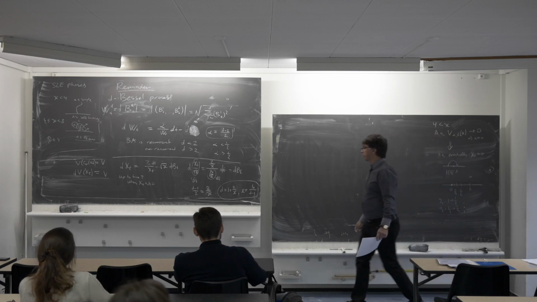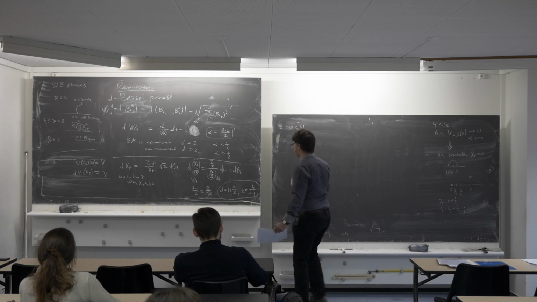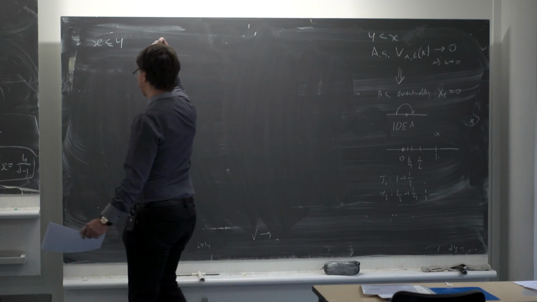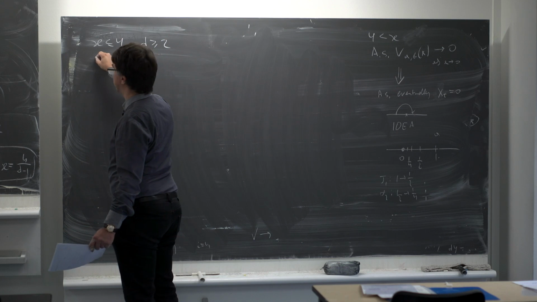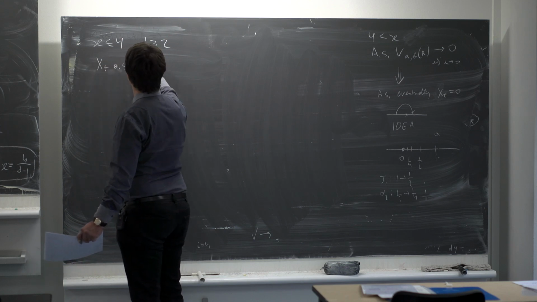Now, what happens is that when kappa is smaller or equal than 4, we get that d is at least 2, and we get that Xt almost surely does not hit 0.